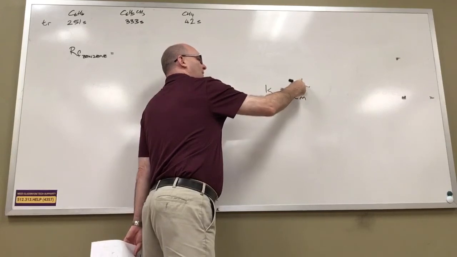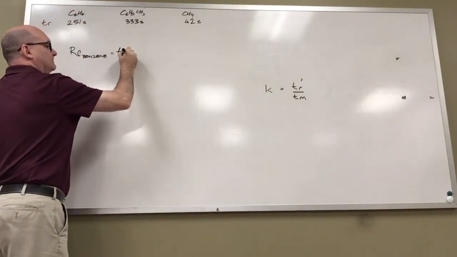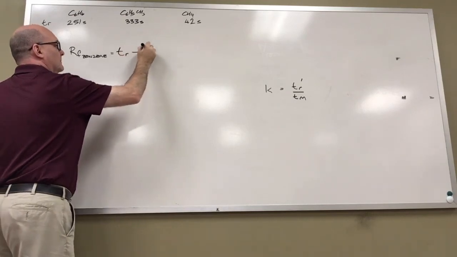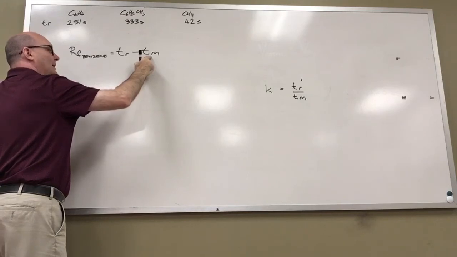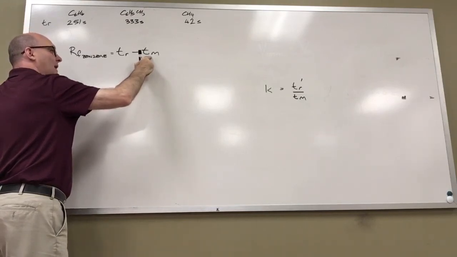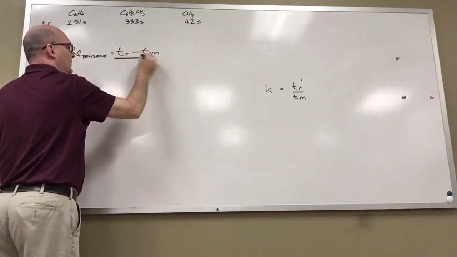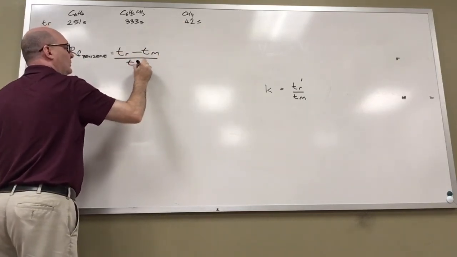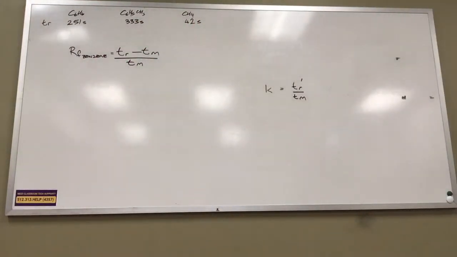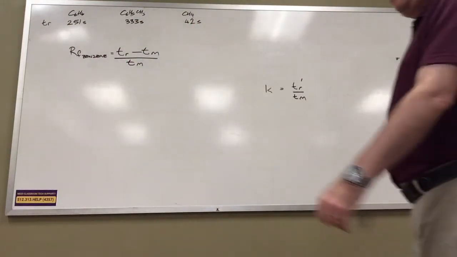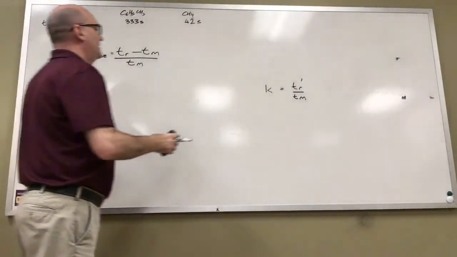That's the adjusted retention time, which was your retention time after you've subtracted the time it takes the carrier gas, here's my proxy for the carrier gas, to elute from the column, all over the time that it takes the carrier gas to elute from the column, the mobile phase. So there you go. TR minus TM over TM.